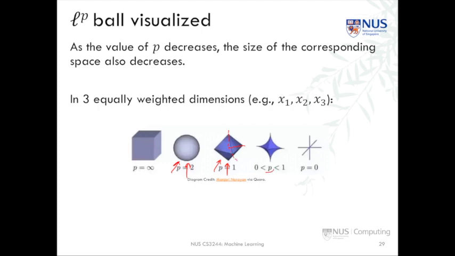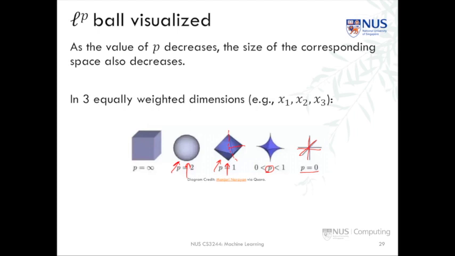When we have a p value that's less than 1, it's not exactly a norm because it doesn't obey the triangle inequality, which a norm does. But we can think of it as a spiny type of polyhedron that when we set to 0 is basically going to constrain all of the weights except for 1 to be 0. Okay, so it has this spiny skeleton shape in 3 dimensions.